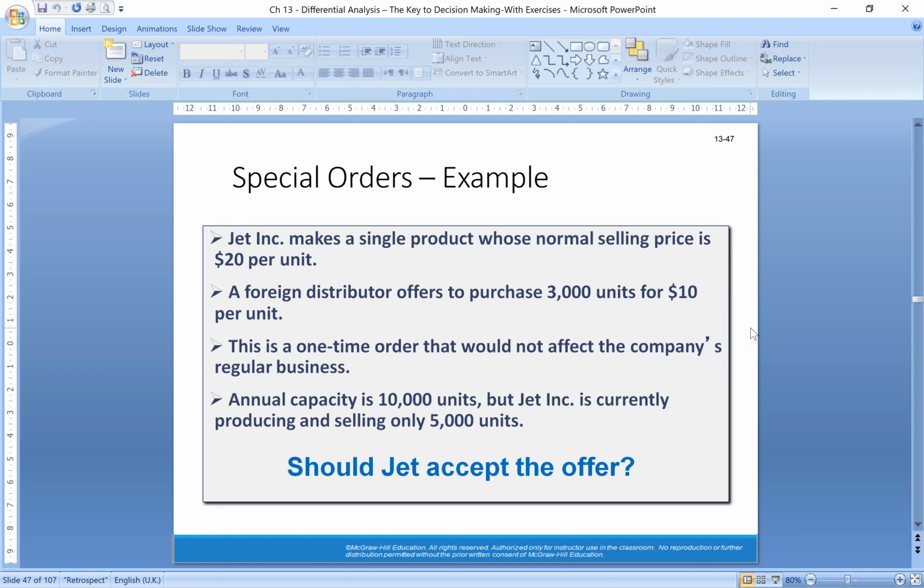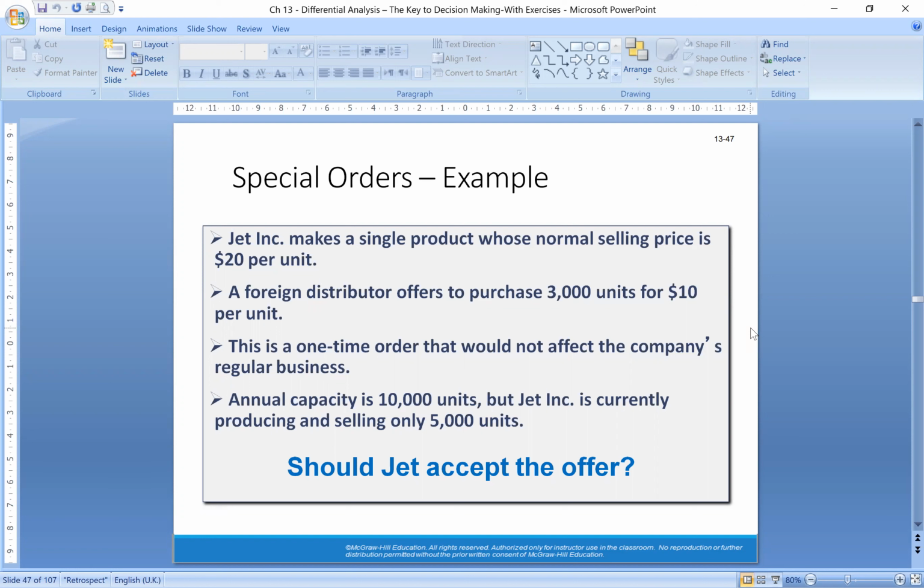So we do have a capacity. Now the question is, if we don't have a capacity, that means we have to refuse. Why? Without calculation, because if we exceed the 10,000, we need to pay more for the fixed expenses. So to accept or reject the special order, we also have to include the incremental fixed costs, which is the additional fixed cost for this company.